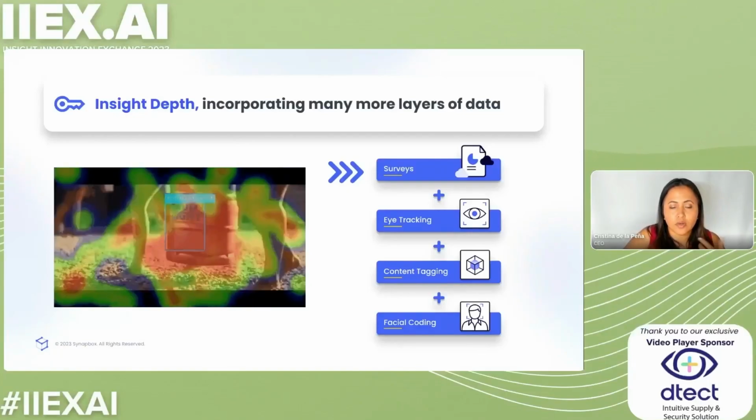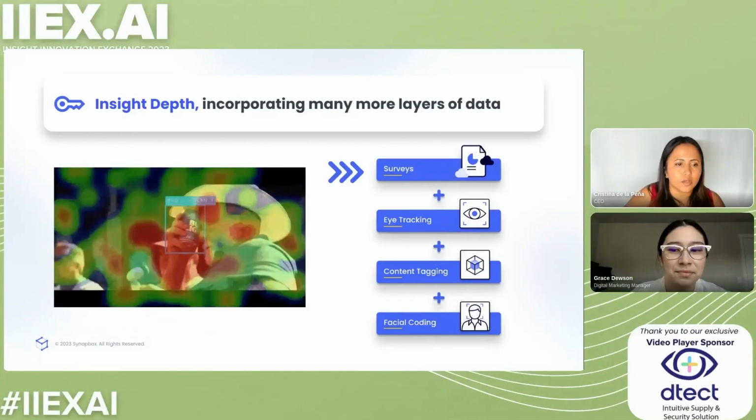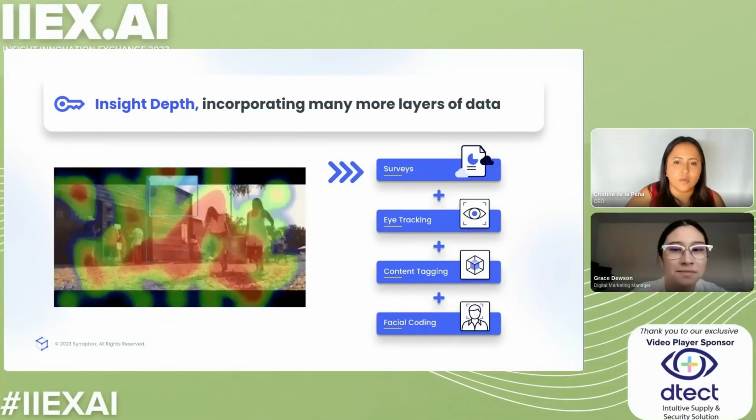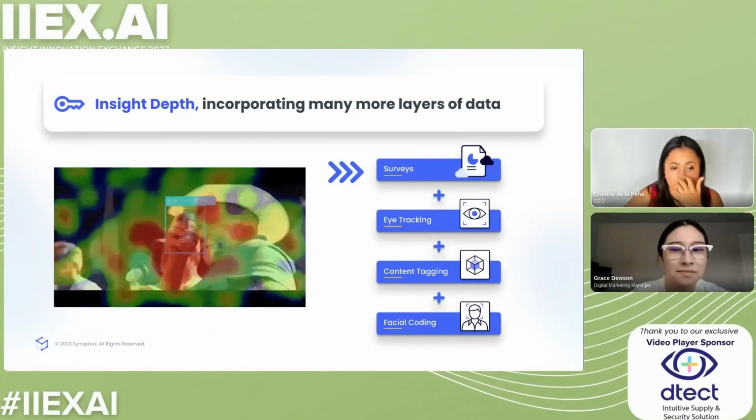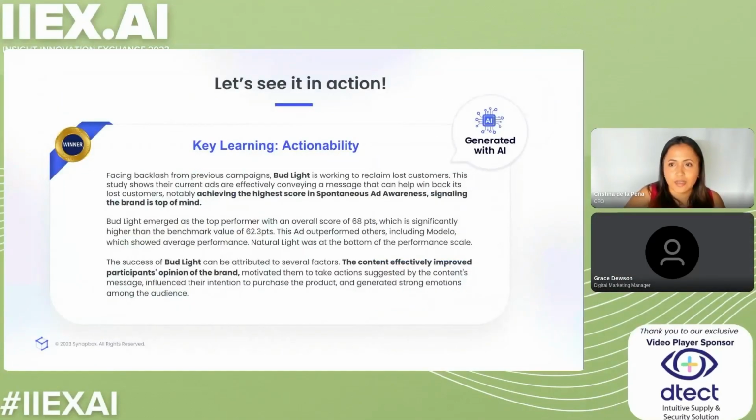We were also able to incorporate into this test way more layers of data. We're talking about content testing over here, where we have more than survey only: eye tracking, content tagging, and facial coding. And then finally, get an insight. Imagine, as a brand owner, being able to test out multiple pieces of content, and in a matter of seconds, right after data collection happens, you can get a real actionable key learning.